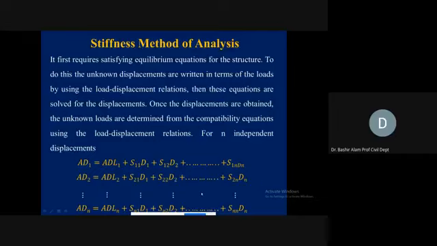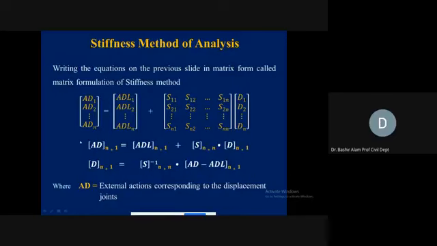Now, these simultaneous equations we can write in matrix form. The AD matrix you see on the left hand side, what will be the order of this? It is always going to be a column vector, and its order will be n cross 1. Why n? n is the degree of kinematic indeterminacy. The ADL matrix is also always a column vector, and its order will again be n cross 1. The stiffness matrix will be of order n cross n.